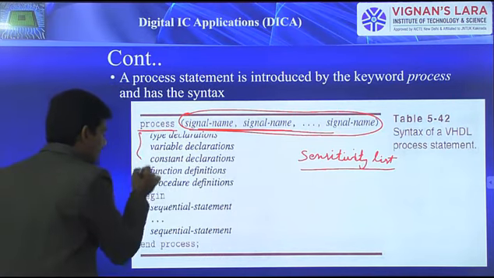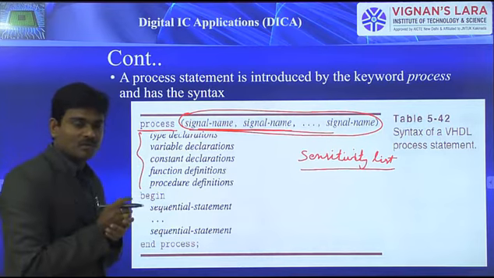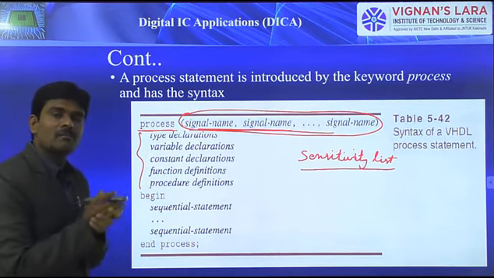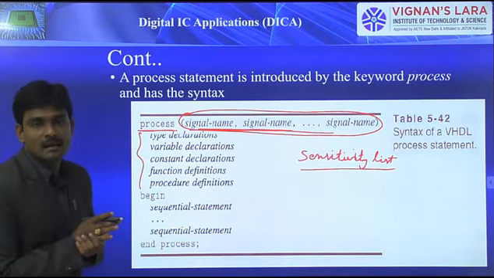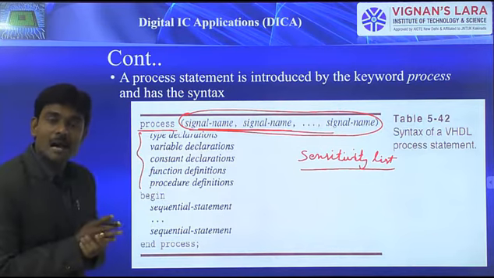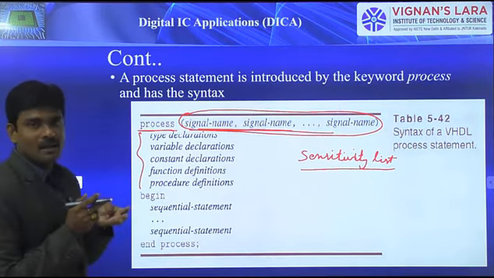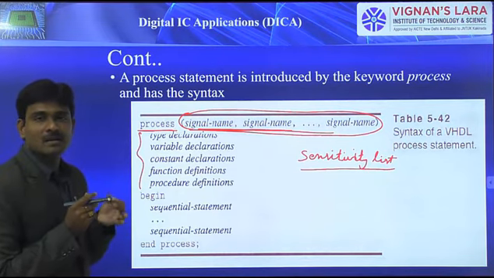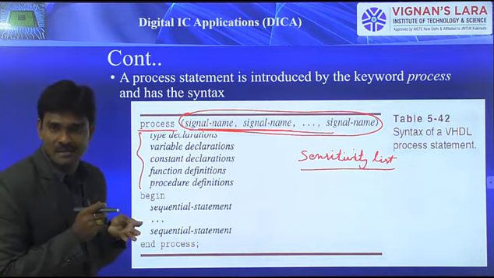Then after that, this type of declarations and definitions we already saw while defining the architecture. Before the start of the architecture body, there we describe all these declarations and definitions: type declaration, signal declaration, constant declaration, component declaration, function definition, procedure definition.